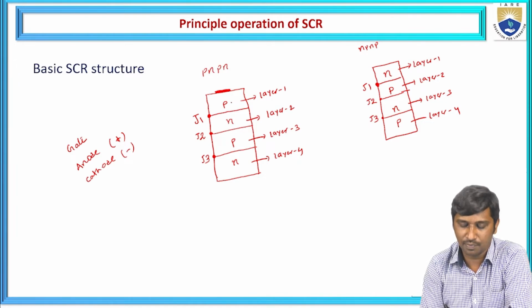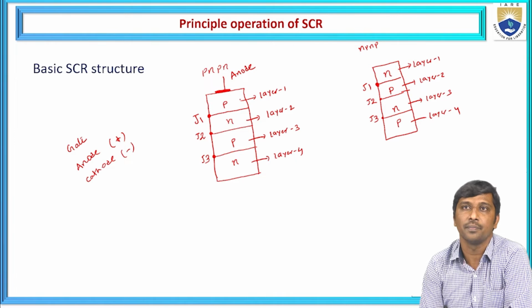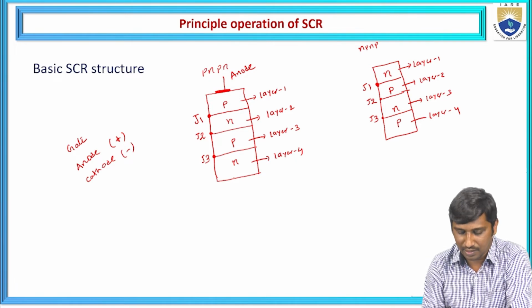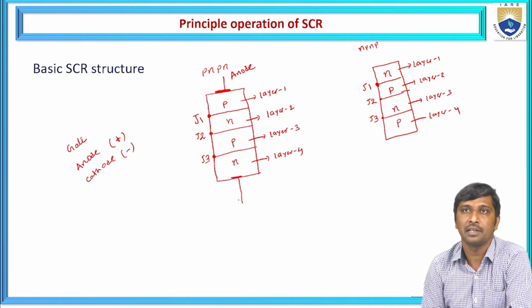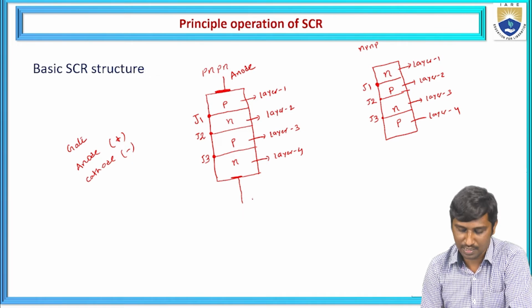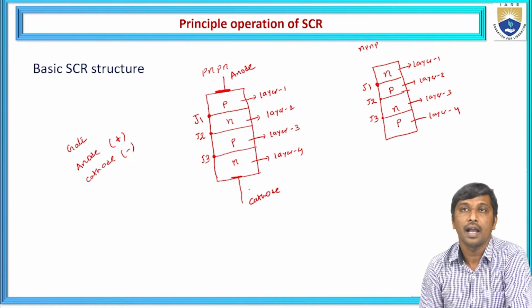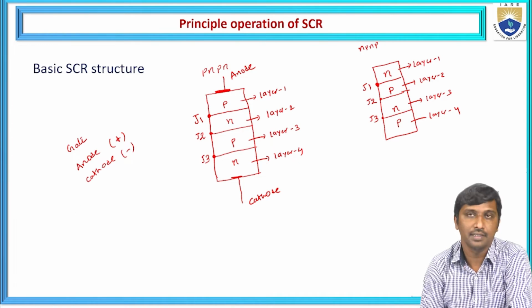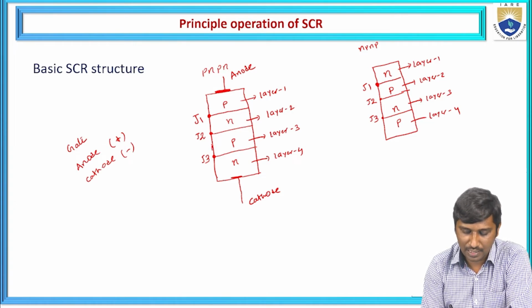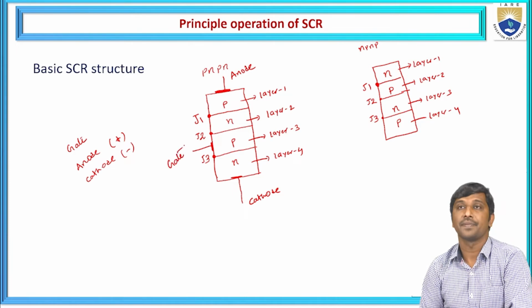For this P side, near J1, it is connected to one electrode, which is represented as anode. Similarly, at the end of layer 4, we make one electrode, which is represented as cathode. Similarly, now we place the gate terminal, very near to J3.